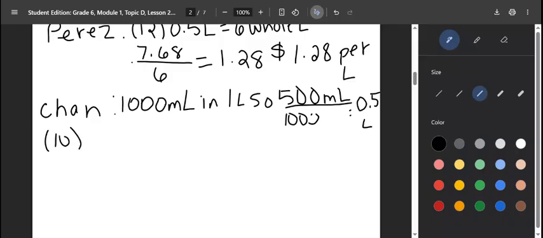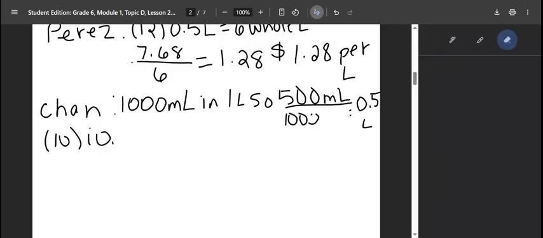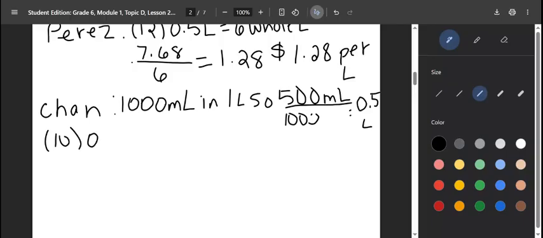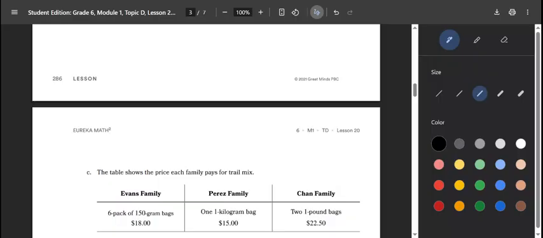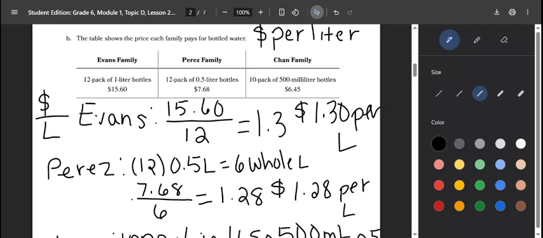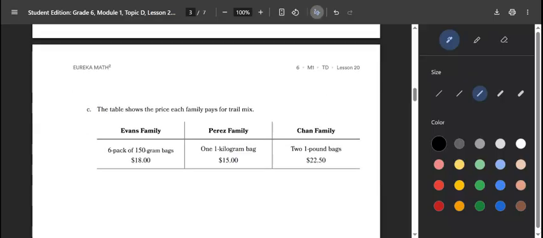So 10 half-liter bottles equals 5 whole liters. All right, so now we've got their amount of money, which is the Chan family's amount of money, $6.45.